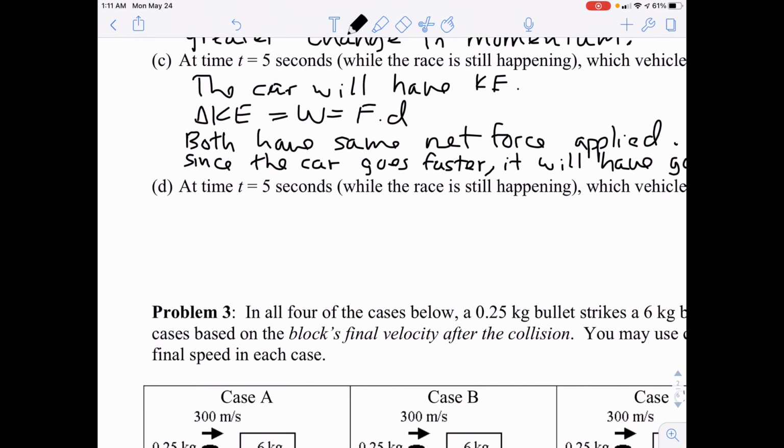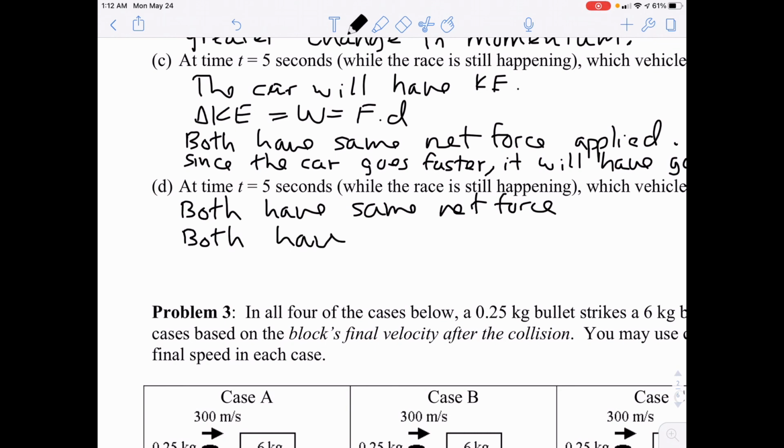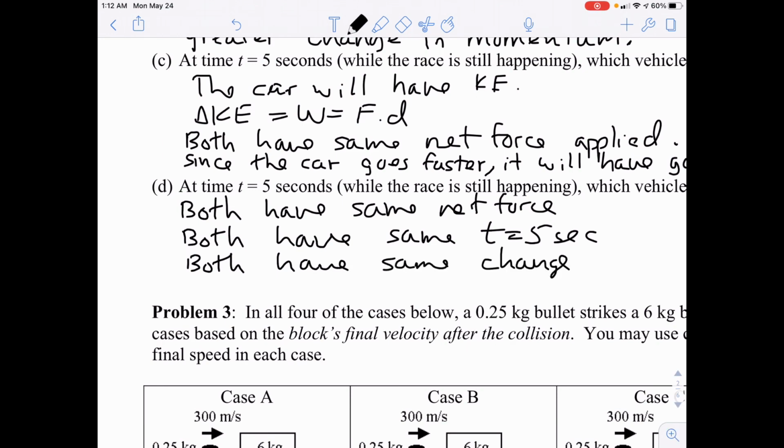So in this case, both have the same net force, both have the same t equals 5 seconds. Therefore, both have the same impulse or change in momentum.